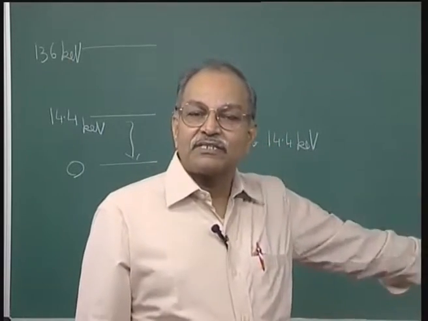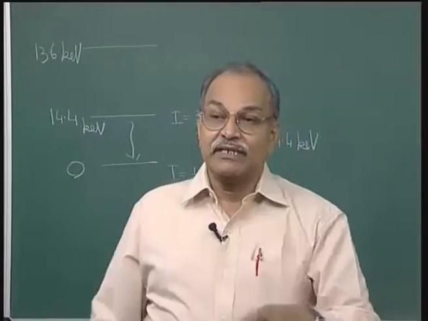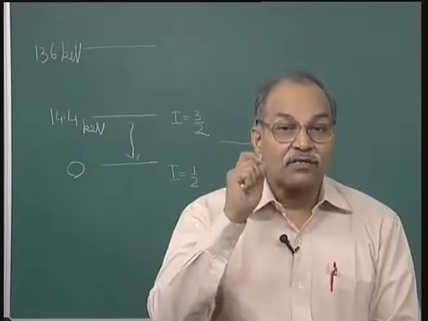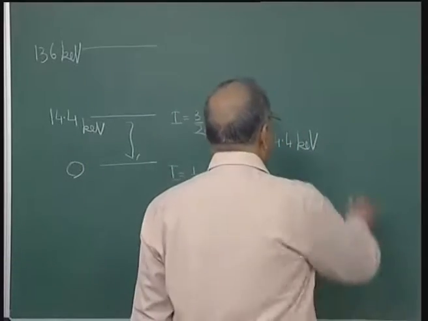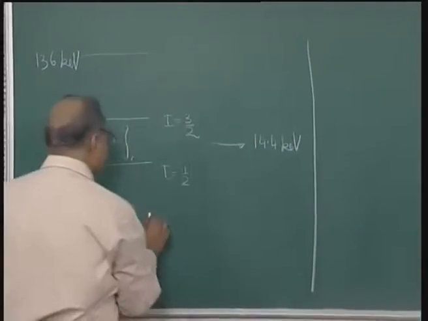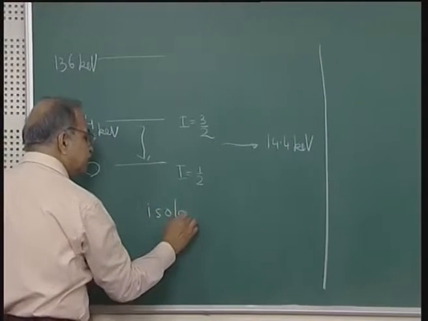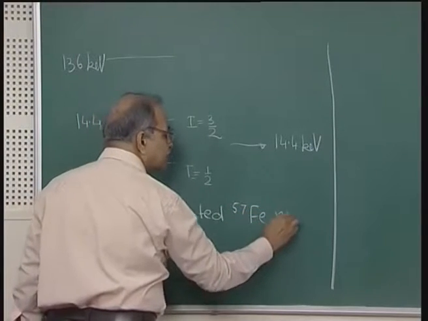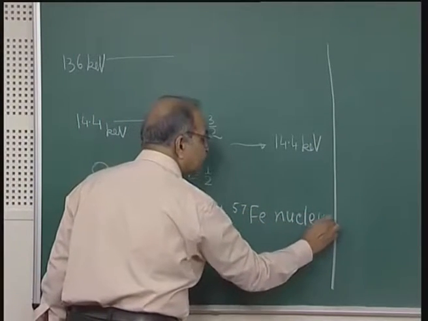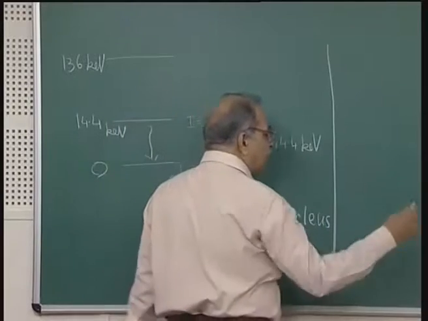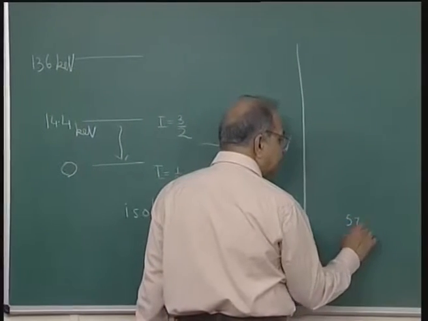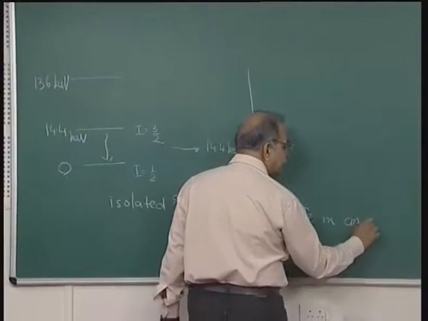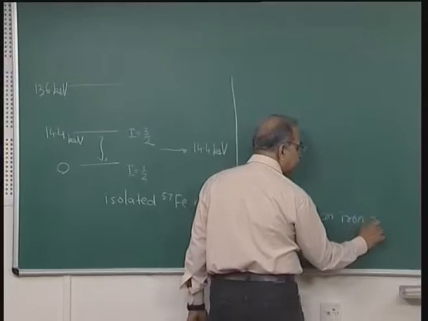What are the energy levels of this iron 57 nucleus in say an iron sheet or an iron nail or iron rod? Those energy levels are something of this type. So, this is the isolated iron 57 nucleus, and now what we are talking about is iron 57 in say an iron rod.